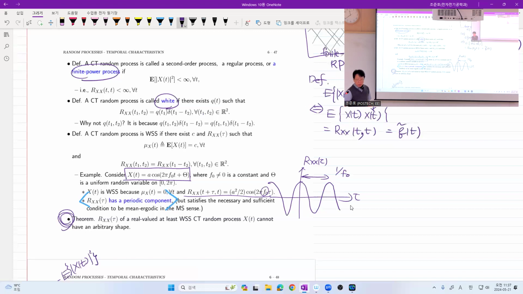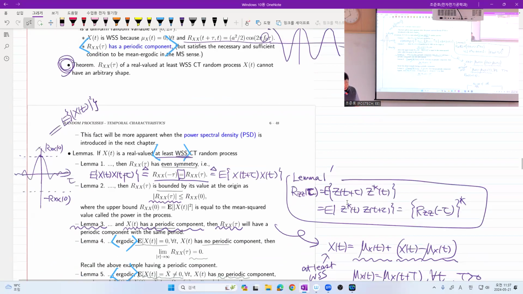Since this has a periodic component in the autocorrelation, and actually each sample path is periodic, even though its mean is 0, what I claimed is not exact, okay? If its mean is periodic, definitely the autocorrelation has a periodic component. However, if its mean path is 0, still the autocorrelation function could be periodic. But anyway, with no periodic component and zero mean, you have this property.